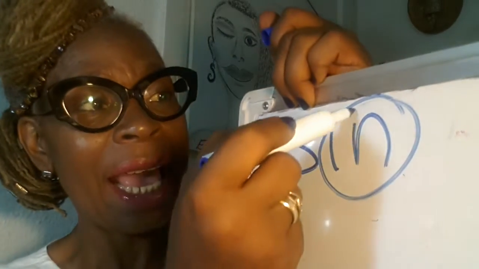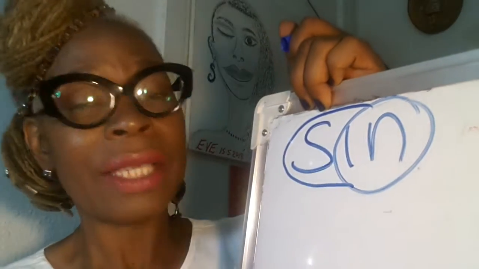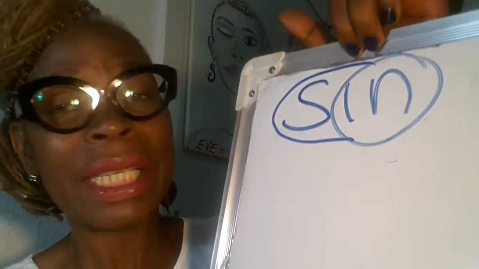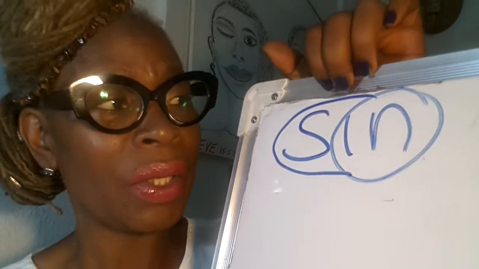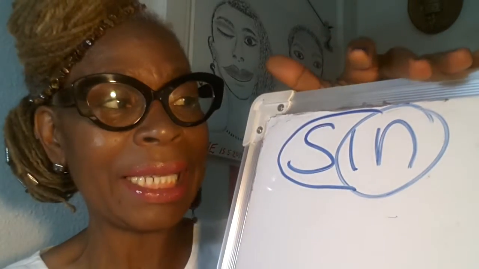Now the S here is really the symbol of Mother Eve. So that in itself is saying that Mother Eve is very crucial in the beginning.